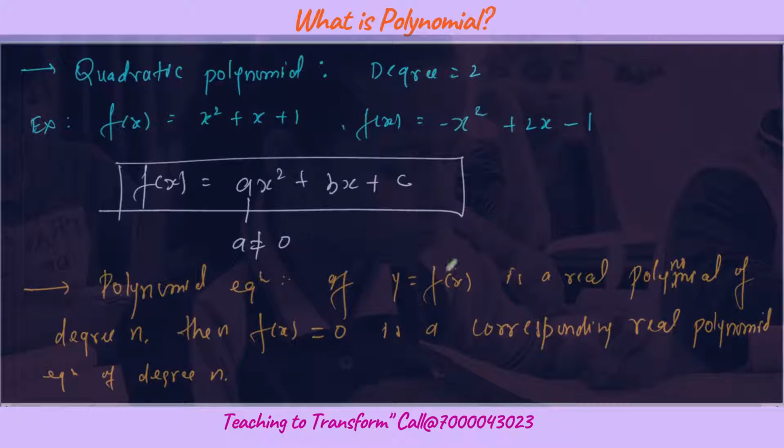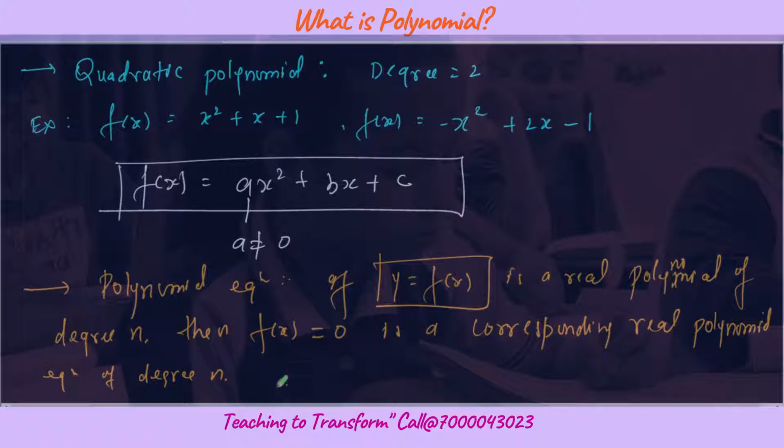If y is equal to f of x is a real polynomial of degree n, then f of x is equal to 0 is the corresponding real polynomial equation of degree n. You can read this line once again. If y is equal to f of x is a real polynomial of degree n, then f of x is equal to 0 is the corresponding real polynomial equation of degree n.